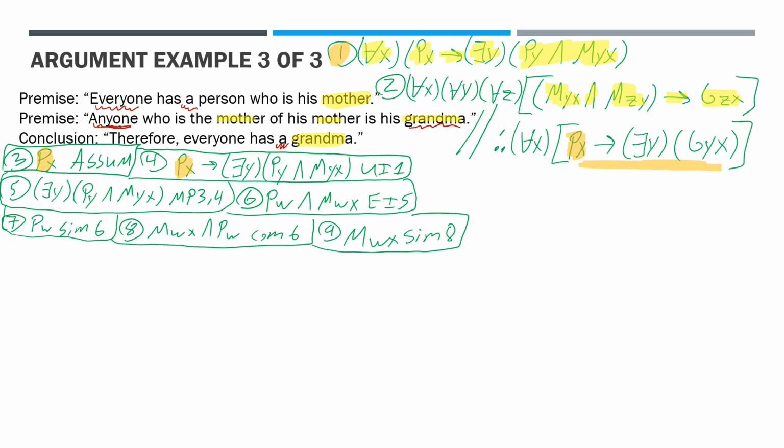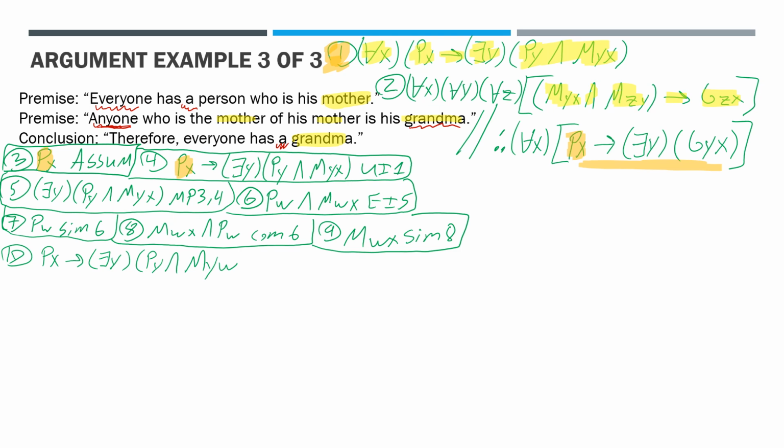Here I'm going to, again, work on line 1 once again, because we're going to need to get some more out of that. So let's, for number 10, do some instantiation once again. So we'll get px arrow, there exists some y such that py, and m, y, w.